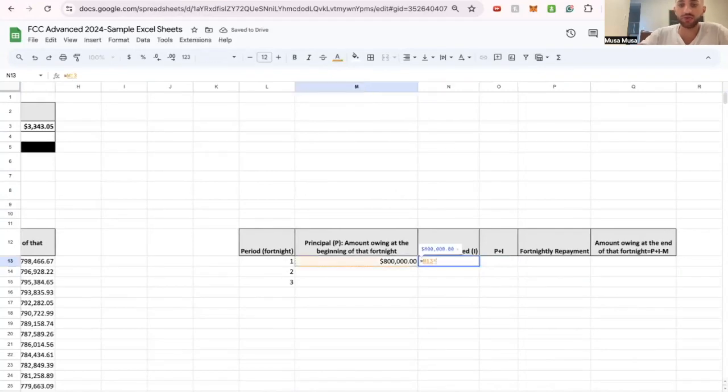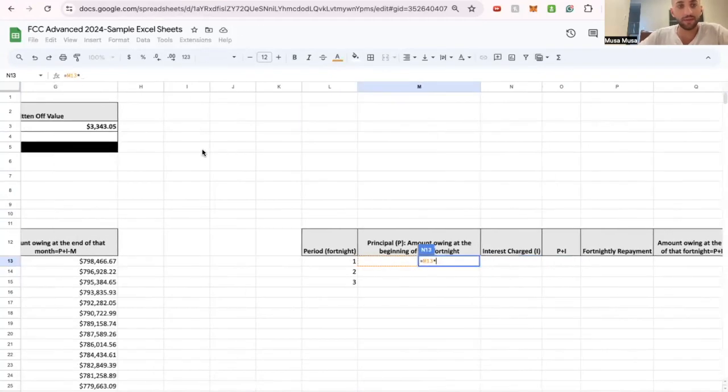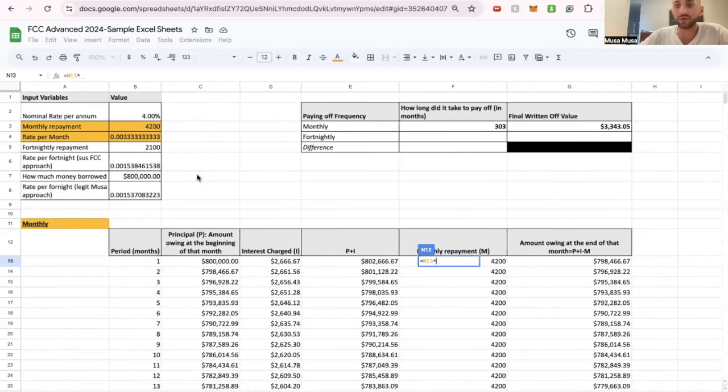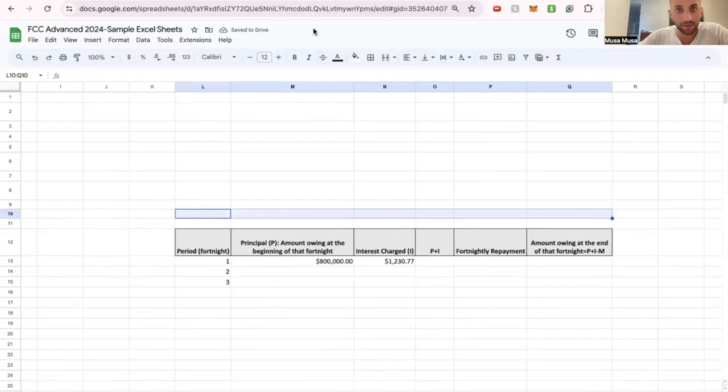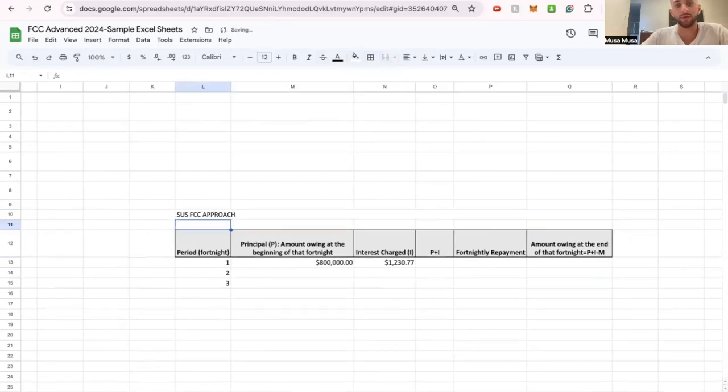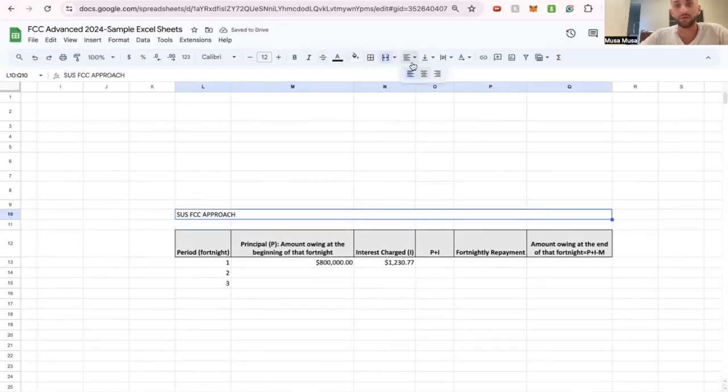Well, we get charged interest on how much the principal is, but times by, and we're going to do this using the SUS FCC approach. And we're going to fix it. So what we're going to write here, maybe just so we know, merge SUS FCC approach.